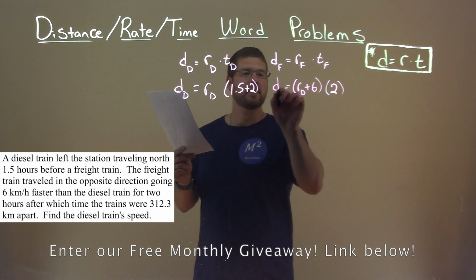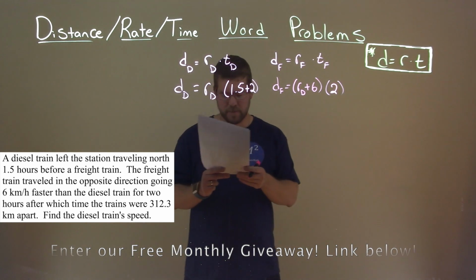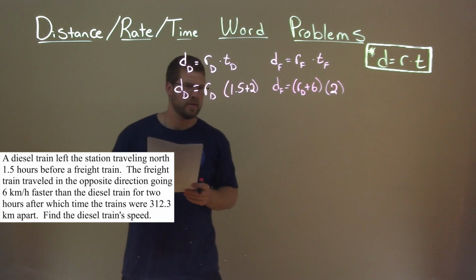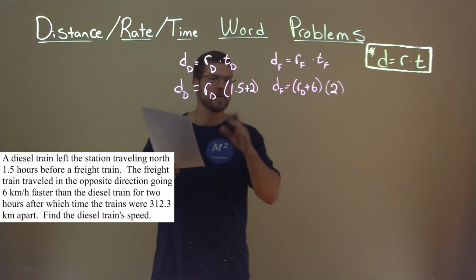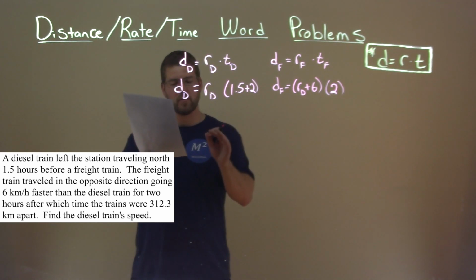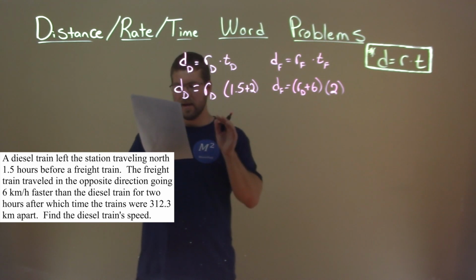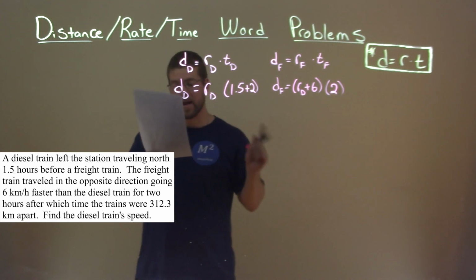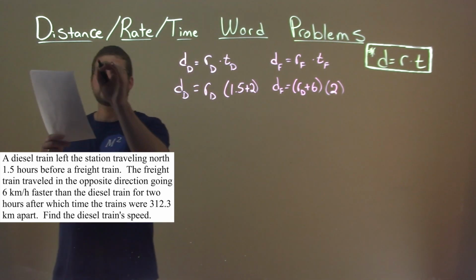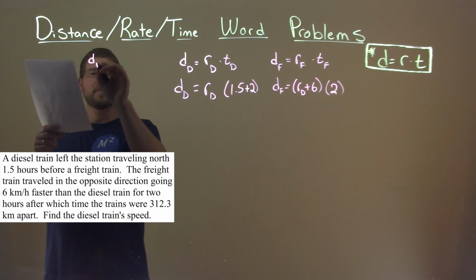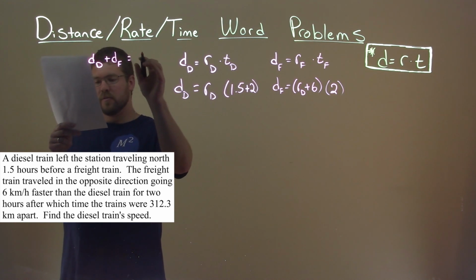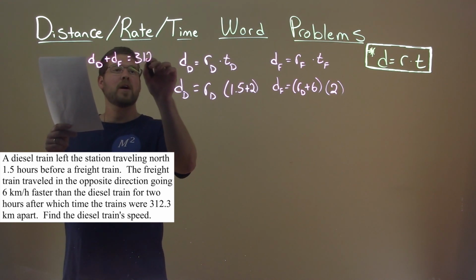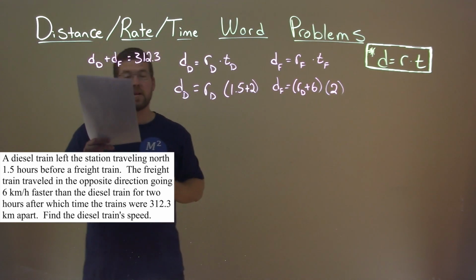And let's bring down the distance of the freight train. Now we're almost done setting up everything. There's one more clue they tell us. They say after this whole thing happened, the trains were 312.3 kilometers apart, and they're traveling in opposite directions. So the distance of the diesel train plus the distance of the freight train is equal to 312.3 kilometers.